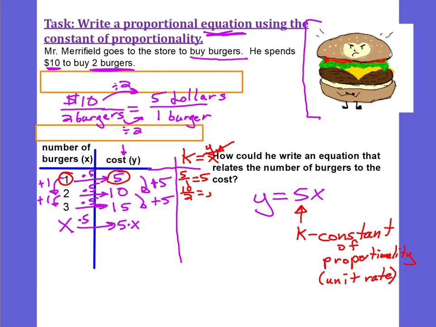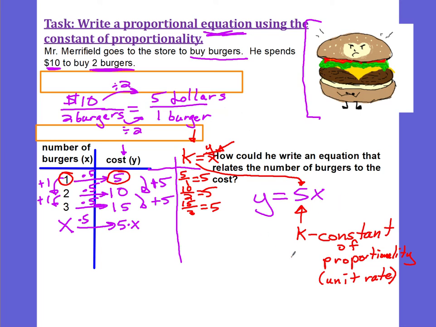If we reduce this down, that also reduces down to 5. 15 over 3, that reduces down to 5. So what we found here is no matter how you find it, if you do a column like I did on the right and just start taking ratios of Y to X in a proportional relationship, you're going to find that K value. And if I know the K value, I could just plug it in here.